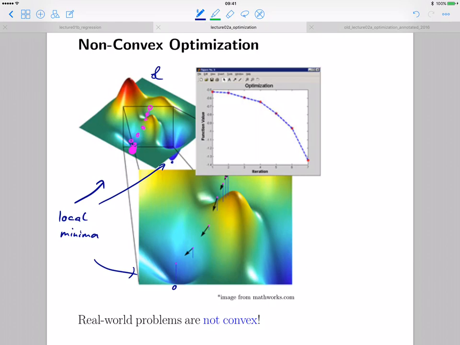So all these insights very often still translate to the non-convex world, right? It's still going to be the case that stochastic gradient is much more efficient than batch gradient. And many other observations about these algorithms, we develop them on convex problems, and then we apply the same algorithm here in this scenario.